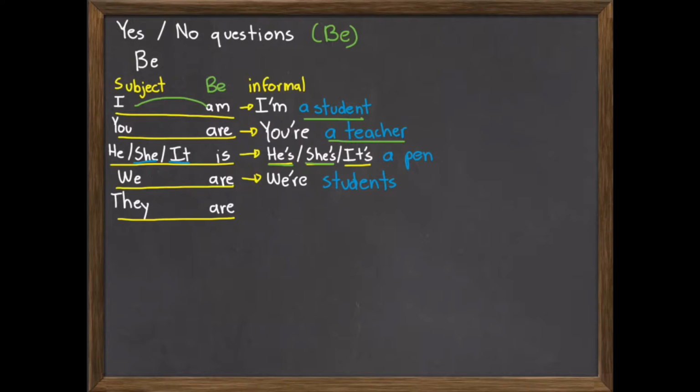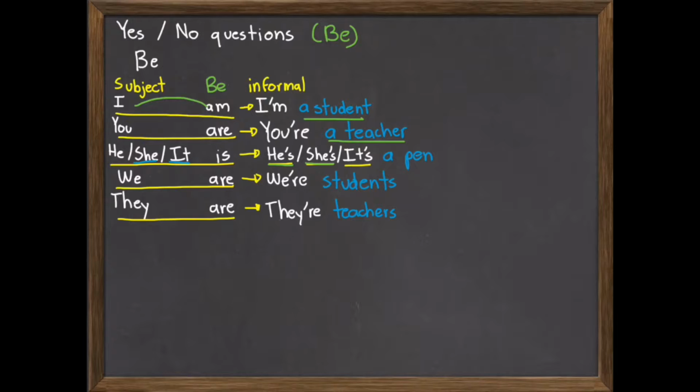As you can see, it's shorter to say we're. And lastly, they are would turn into they're. For example, they're teachers.